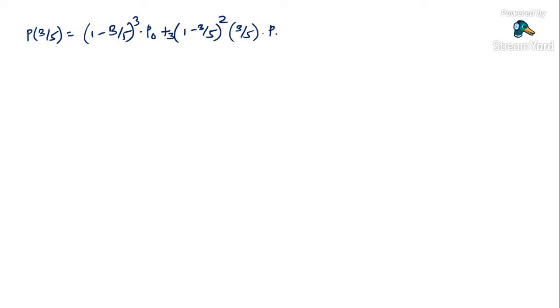So we'll calculate it. P of 3 by 5 is equal to (1 minus 3 by 5) cube P0 plus (1 minus 3 by 5) square into 3 into 3 by 5 P1 plus 3 into (1 minus 3 by 5) into (3 by 5) square P2 plus (3 by 5) cube into P3.